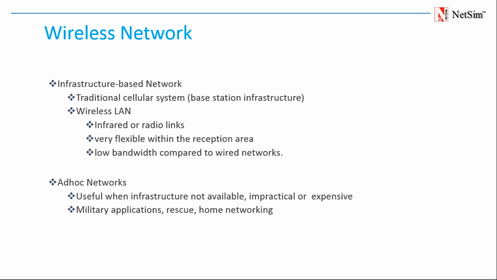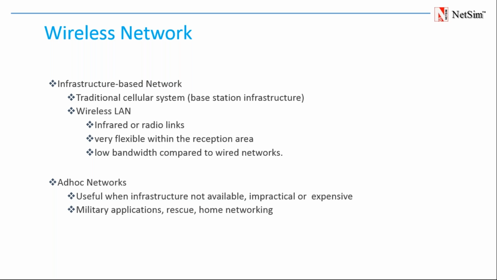Now we talk about the wireless network. The wireless network can be divided into two parts. First is the infrastructure-based network, which consists of our traditional cellular system, which has base station infrastructure, and wireless LAN, which uses infrared or radio links.